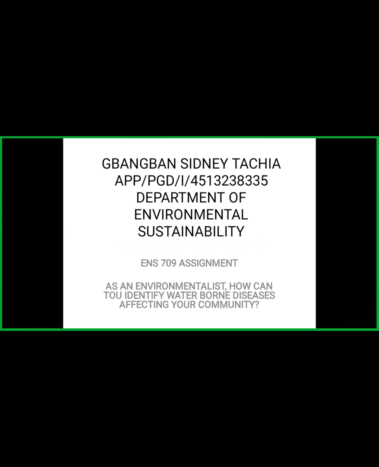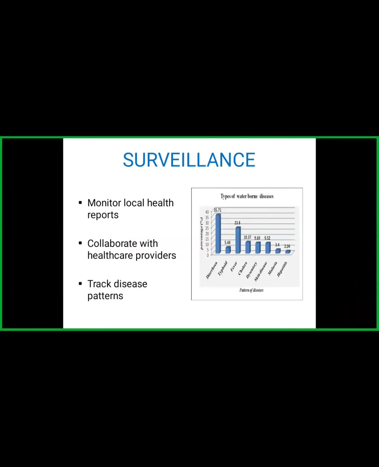Okay, so my name is Sydney Van. Waterborne disease in our community. So the first step normally is through environment by monitoring local reports, collaborating with health providers, and tracking disease patterns.